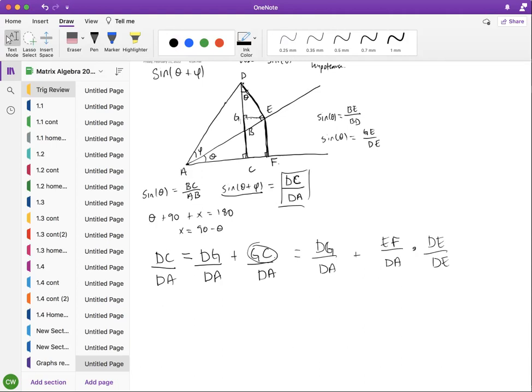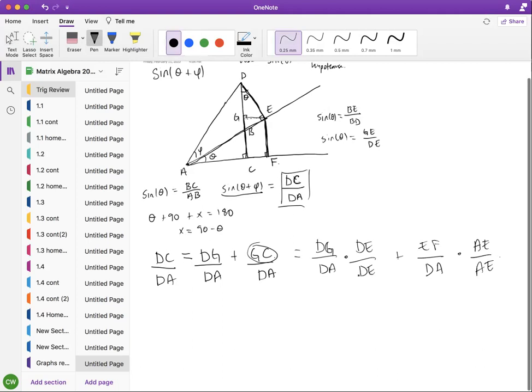And I'm going to multiply the other one by AE over AE.